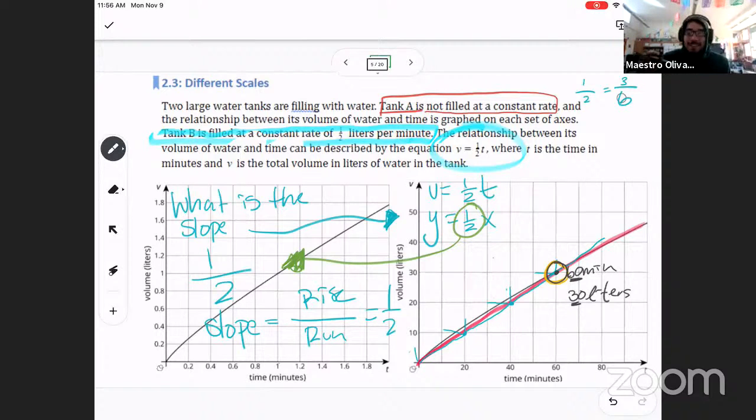So at 1 hour and 60 minutes, both the blue tank and the red tank are gonna have the same amount of water. How much water? 30 liters. 30 litros de agua after 1 hour. In the beginning, the red tank had more.